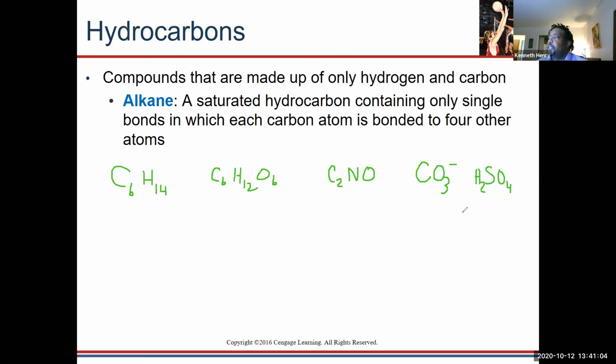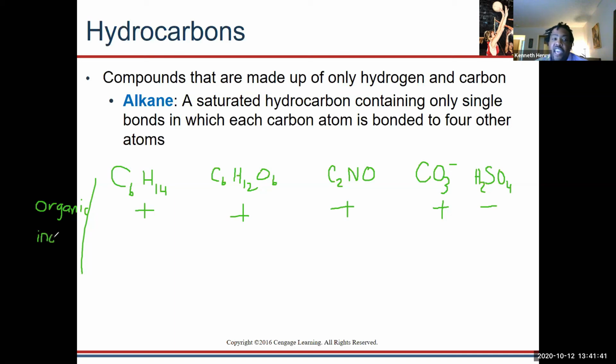Which one of these molecules, or multiple, it can be more than one, are organic? All of them are organic except for the last one. Okay, so we'll put pluses by those that are organic, and then minus if it isn't. Which one of these are inorganic?